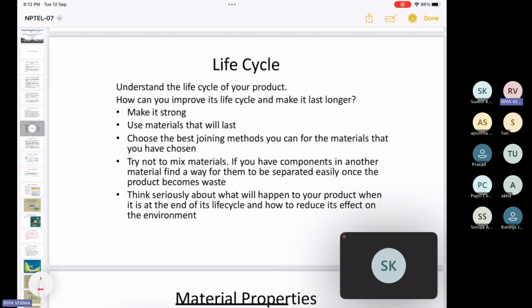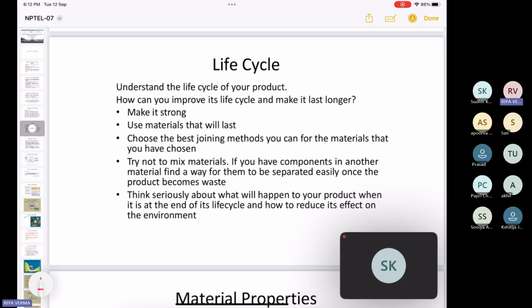Because if a product is more complex and has different types of materials, then during the recycling phase we need to segregate each material separately, and then every single unit will undergo the recycling process. That will increase the cost of recycling, and intensive labor will also be required for that process. So we should try not to mix the materials.